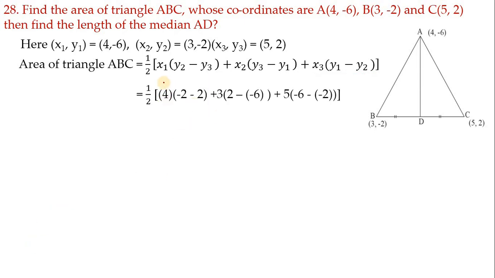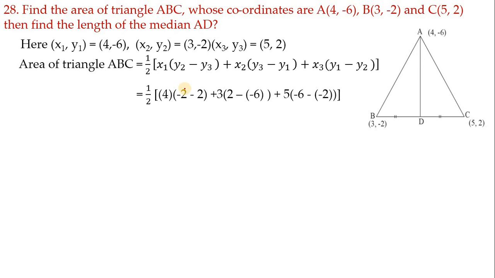So substitute the values. Half is as it is, x1 value is 4, x2 value is minus 2, y3 value is 2, x2 value is 3, y3 value is 2, y1 value is minus 6, x3 is 5, y1 is minus 6, y2 is minus 2. Now let us simplify this.